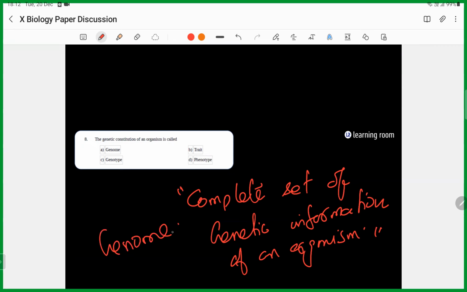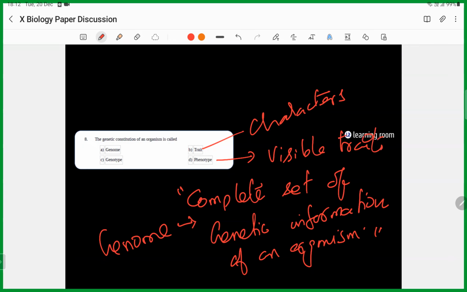What is trait? Inherited characteristics, the characters. And then what is phenotype? Physical appearance, the visible traits are called what? Phenotype.